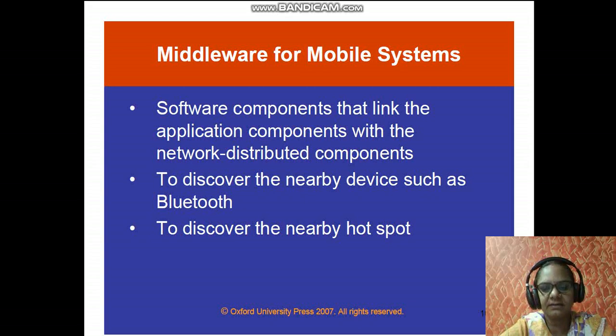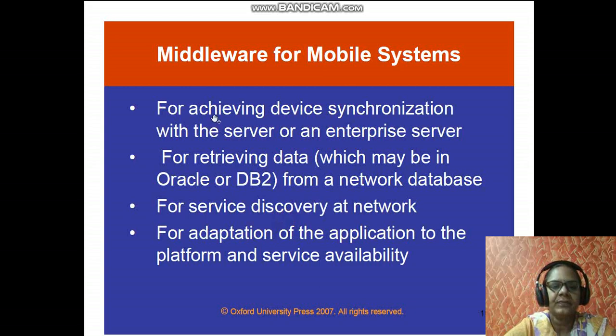Discovering that device is a feature of the mobile system, mobile architecture, and discovery of some other devices, for example Bluetooth for communication. Now for achieving device synchronization with the server or an enterprise server, this middleware is the one which is responsible for synchronization with the server.